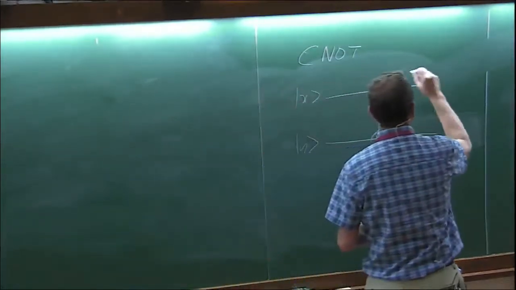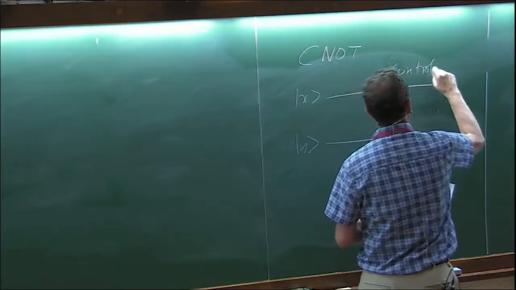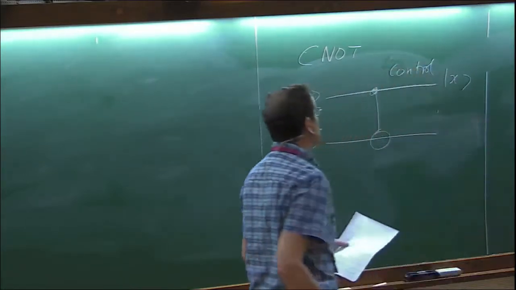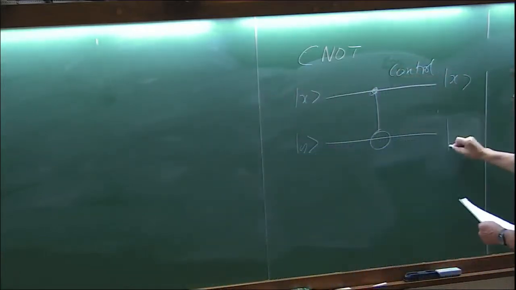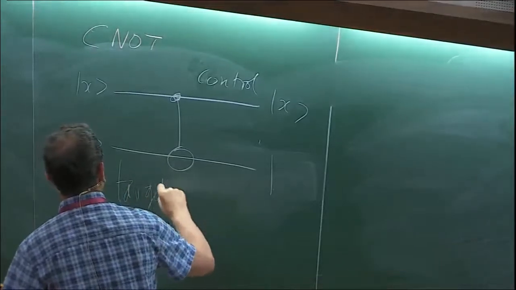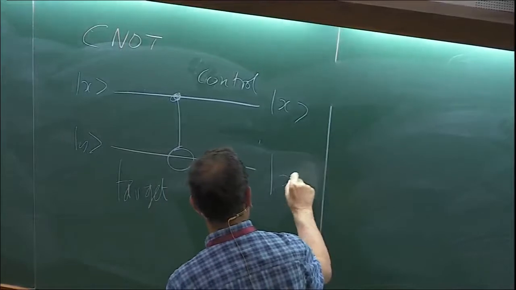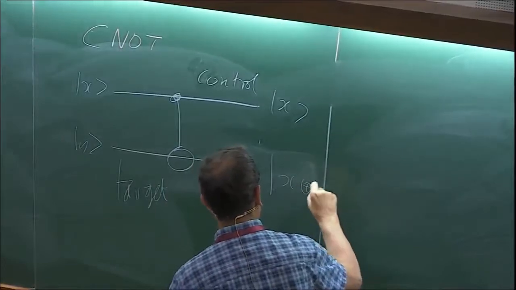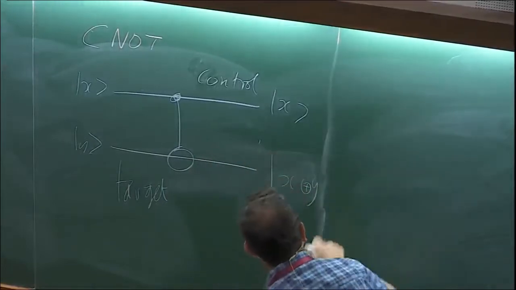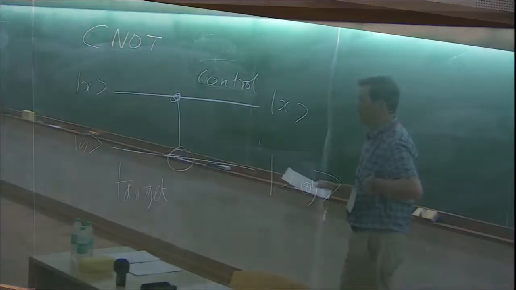The top bit, which is the control qubit, stays the same, and the target qubit is the exclusive OR of X and Y, which is the same thing as addition modulo 2.